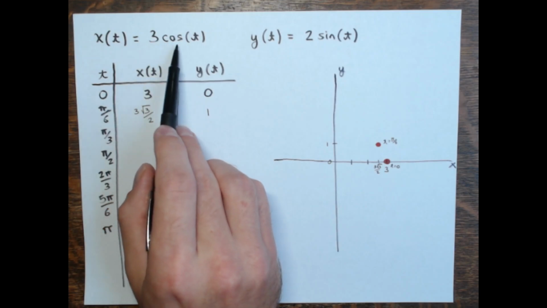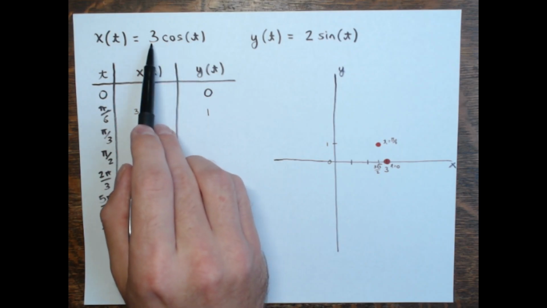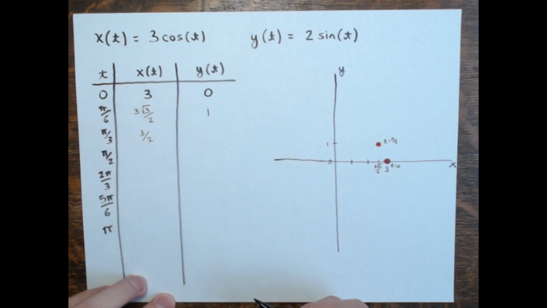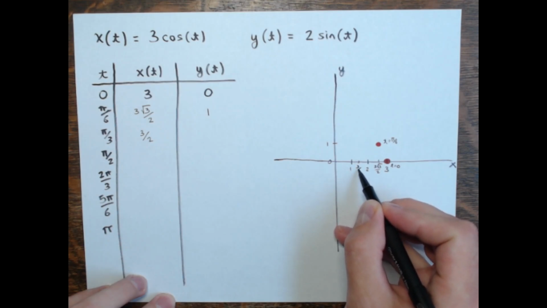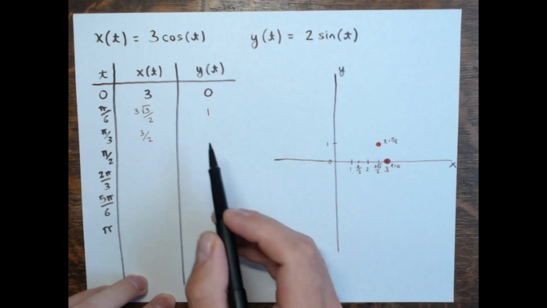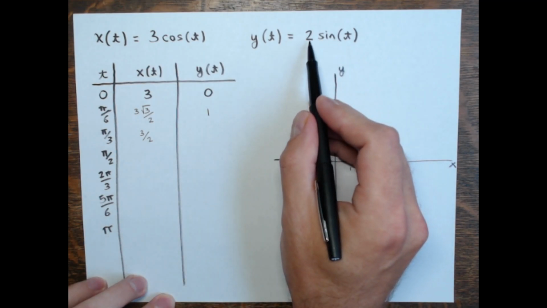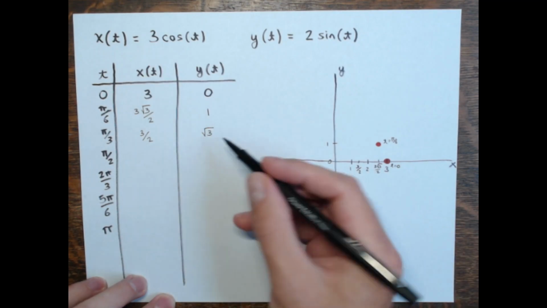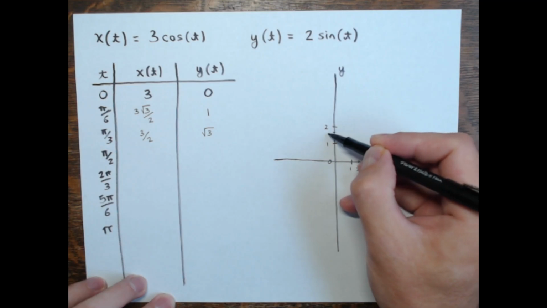So cosine of pi over 3 is a half, times 3 is 3 halves for the x-coordinate, or 1.5. So here's 2, here's 1, here's 3 halves for the x-coordinate. And then the sine of pi over 3 was the square root of 3 over 2, and then this gets doubled, so that'll make just the square root of 3, which is about 1.7 something. So something between 1 and 2.